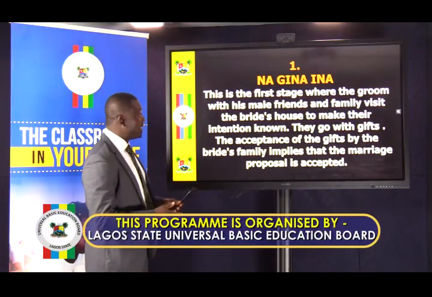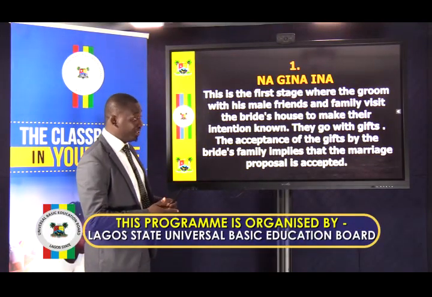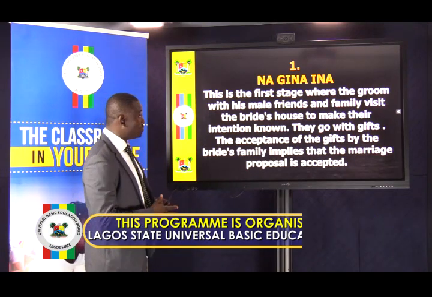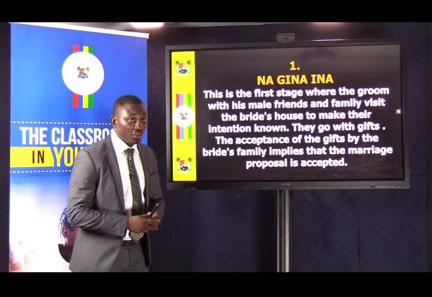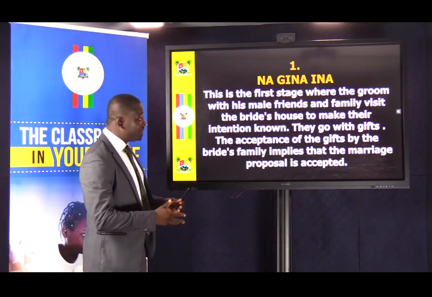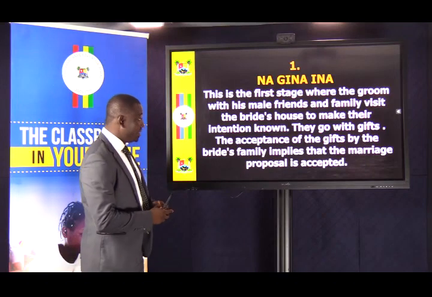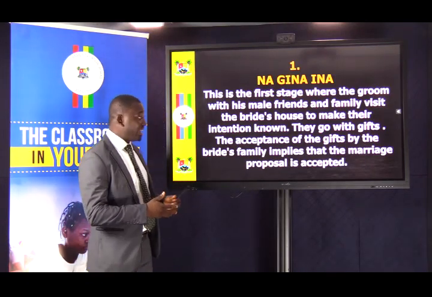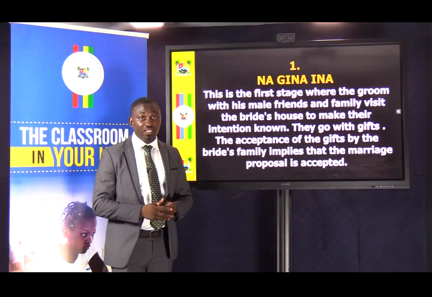This is where the groom to be goes to the bride's family's house to make their intention known that they want to marry their daughter, and they go with gifts. The acceptance of the gift by the bride's family implies that they are accepting the proposal.